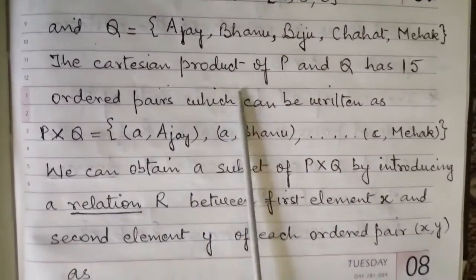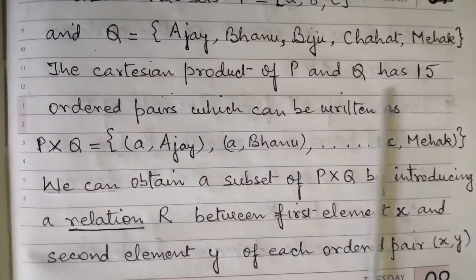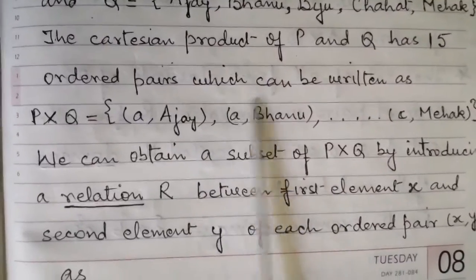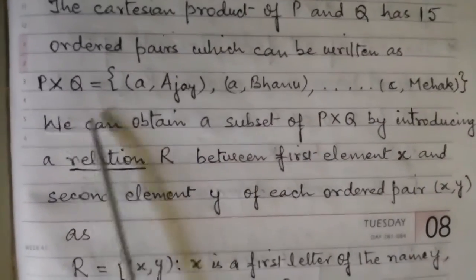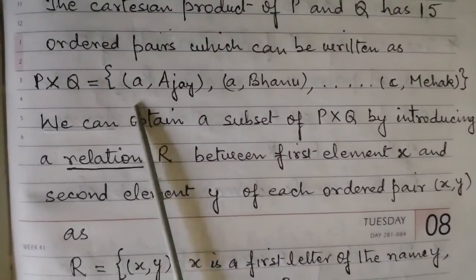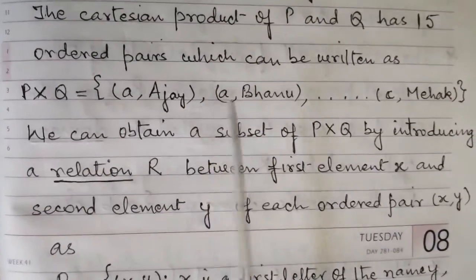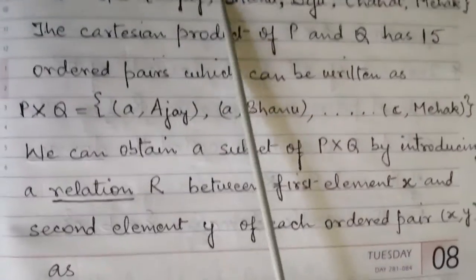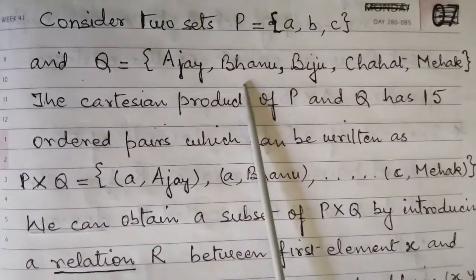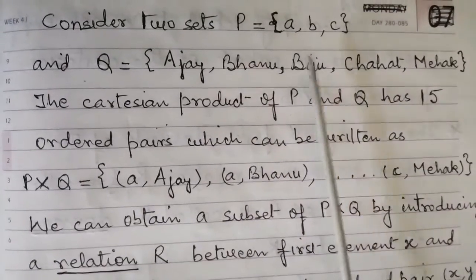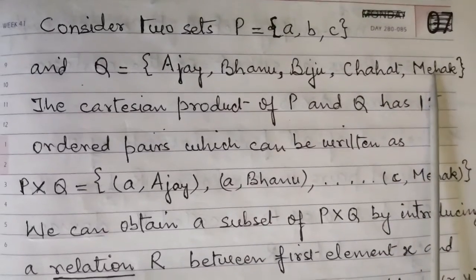Now the Cartesian product of P and Q has 15 ordered pairs, which can be written as P cross Q is equal to the ordered pairs A comma Ajay, then A comma Bhanu, A comma Biju, A comma Chahat, A comma Mehak.